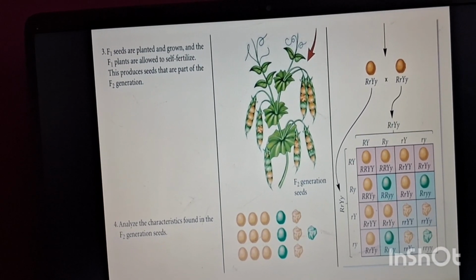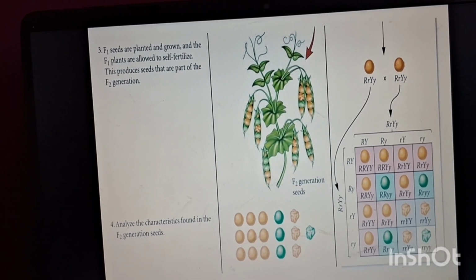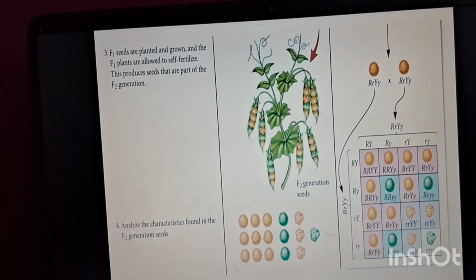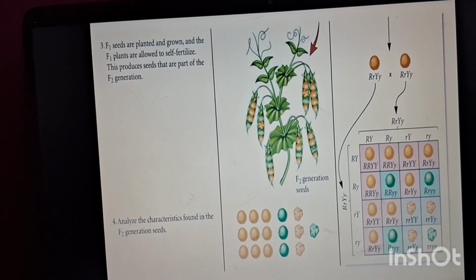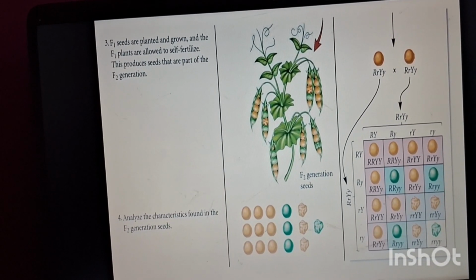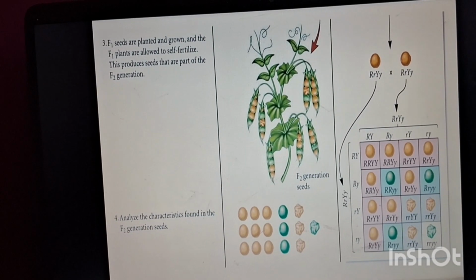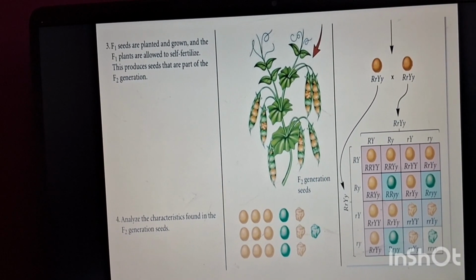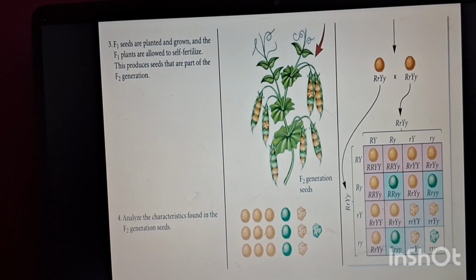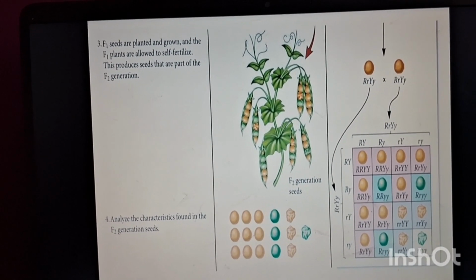Then after the self-cross, the ratio is 9:3:3:1 because 9 types of seeds are round and yellow, then 3 types of seeds are green and round, and 3 types of seeds are yellow but wrinkled, and 1 type of seed is wrinkled and green.